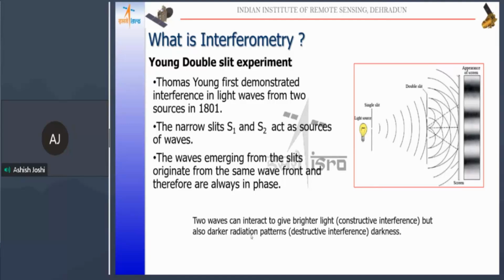Two waves can interact to give bright light, which means brighter fringes, and where they have destructive interference, there we have darker fringes. So this is the pattern we will see in the Young double slit experiment. There we are seeing the different fringes on the screen.